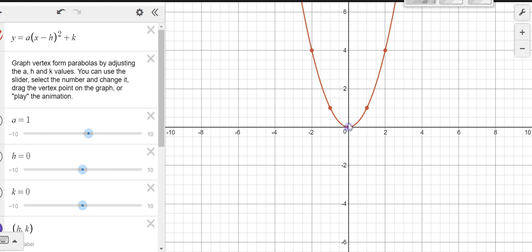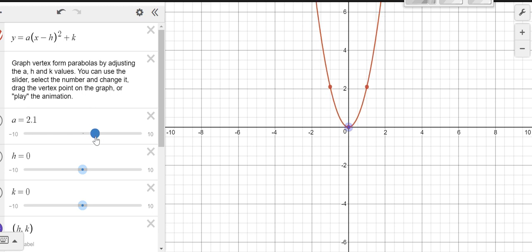As you can see here, it's sitting right at the origin, and to get to each of my first points, it's going to be up 1 over 1, up 1 over 1.